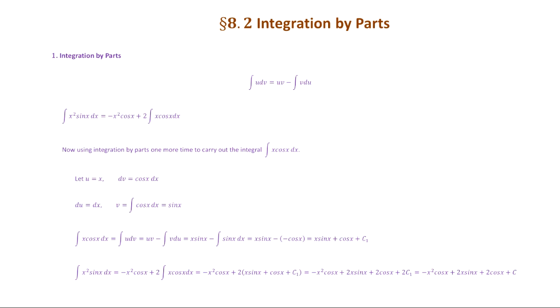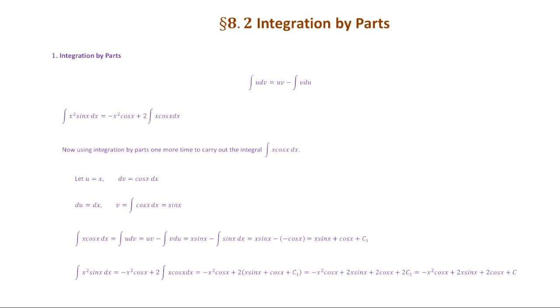If you look at the first line on this page, we have figured out the second term here. Just plug in the integral of x cosine x, which is x sine x plus cosine x plus c1. So that becomes negative x squared times cosine x plus 2 times x sine x plus cosine x plus c1.